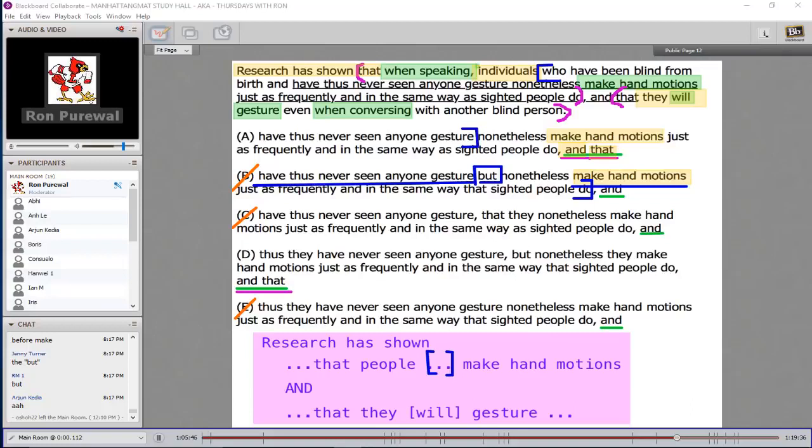So B is constructed in a way that not only are these paired together when they shouldn't be, but that makes B not a sentence. Because you have researcher has shown that individuals, comma, and that they will gesture. Whoops, that doesn't make any sense. Not only does it put the wrong things in parallel to the wrong things, but it is not even a sentence. Give me a smiley face if that makes sense.